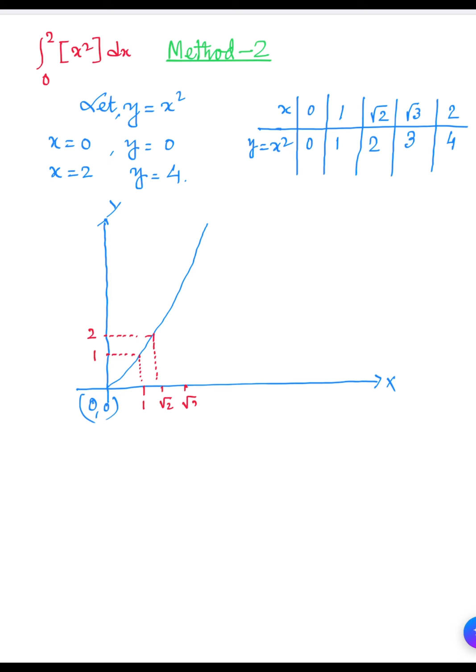When x is root 3, y is 3. When x is 2, y is 4.